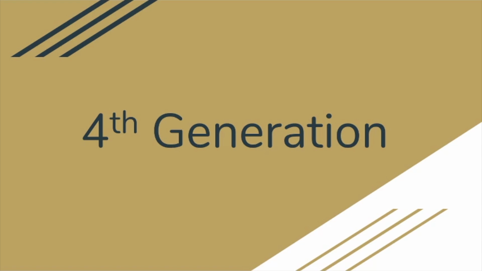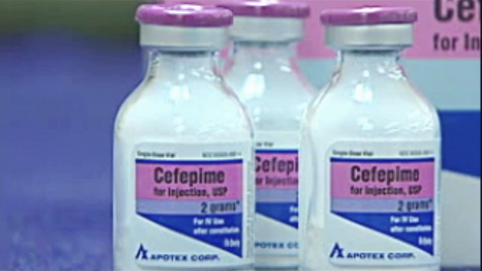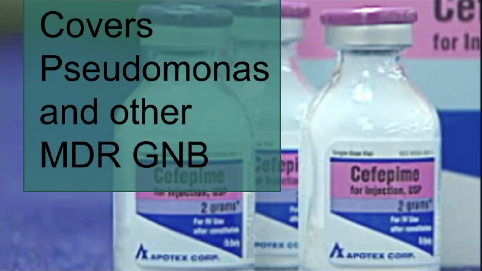Now, let's get to our fourth generation cephalosporin, which is Cefepime. I love Cefepime because it's our cephalosporin that gives us pseudomonal coverage. It also gives you coverage against some multi-drug resistant gram-negative bacteria. It still gives you some gram-positive coverage too, so don't forget that.